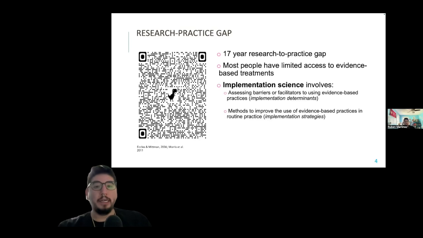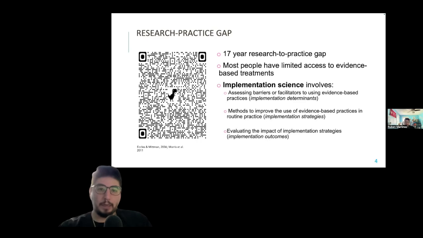We really try and take a measured, sequential, strategic approach to developing, deploying, and testing the impact of these strategies, which is the final point here, that we want to understand whether we have made an impact on implementation outcomes through these implementation strategies. So the idea being that we want to essentially develop interventions for organizations, interventions for units, interventions for hospitals that will help to increase the adoption, implementation, and sustained use of evidence-based practices.